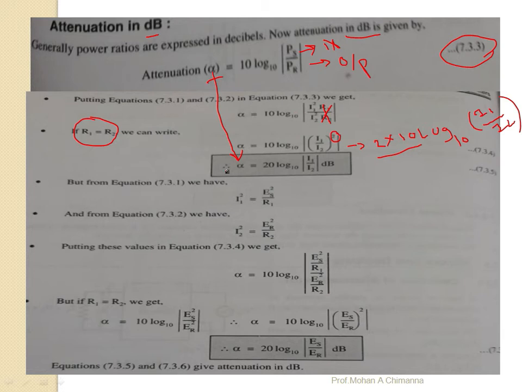From equation number 1, ES square is equal to I1 square R1, and from the equation, ER square is equal to I2 square R2.